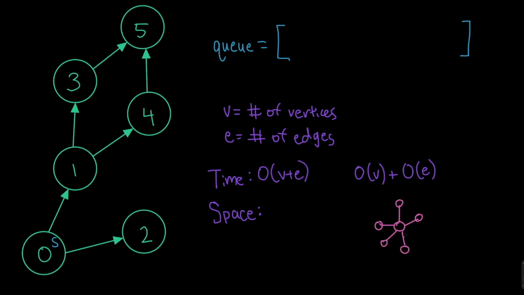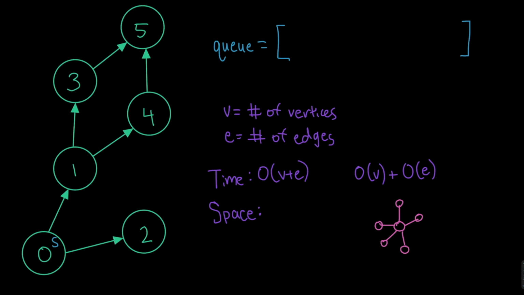Well, the way this is going to work is we will initially add the central node to the queue, and then we're going to pop it off, remove it from the queue, and process that node. And when we do, we add all of the other nodes into the queue. So every single node from our graph, except the starting node, is going to be added to the queue.